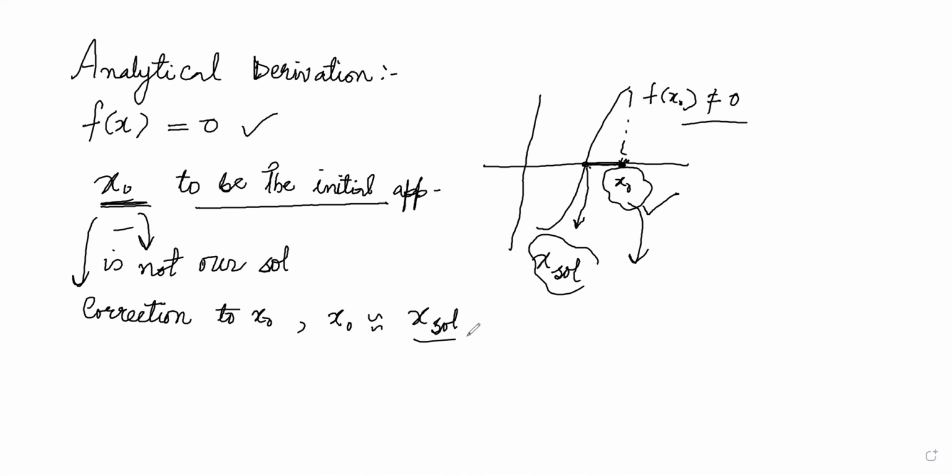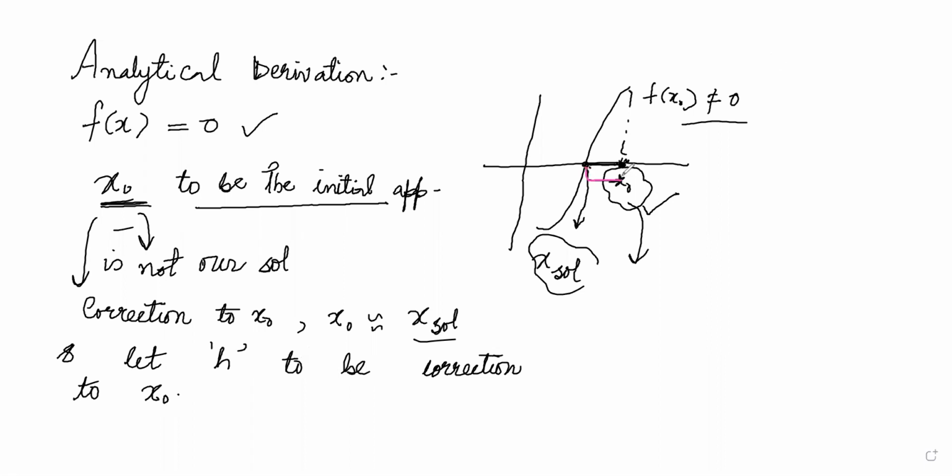Let x naught be the initial approximation and let h be the correction to x naught. That is this much, as you see here.